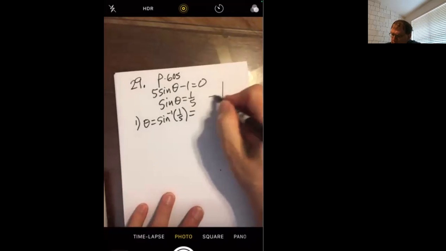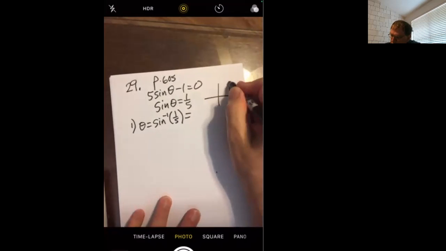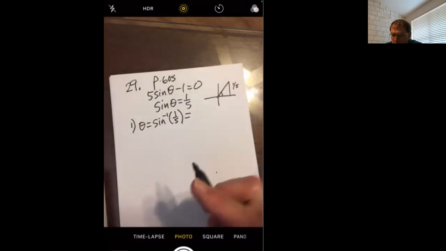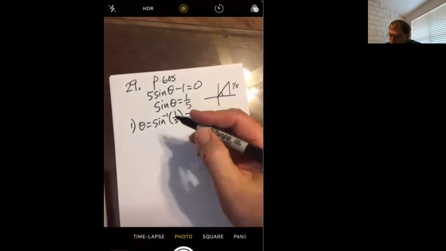Remember that's going to be where your y coordinate is 1/5, and we're getting the angle here. Arc sine of 1/5 is 0.2014, we'll call it.